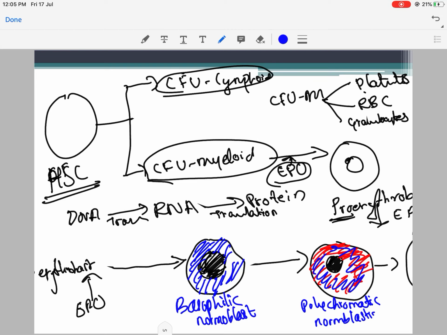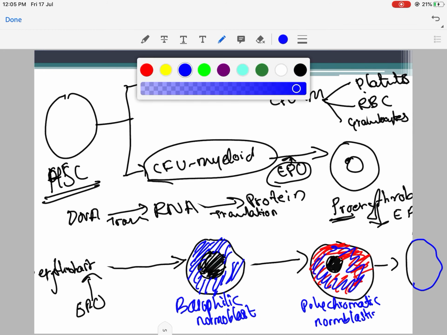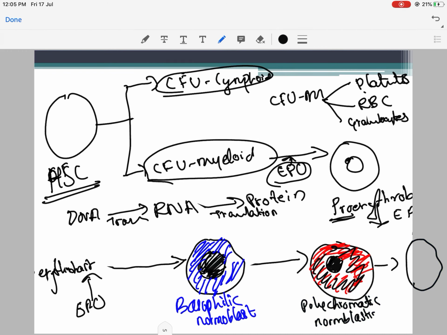And the last stage is where the nucleus becomes very small, becomes eccentric, and the cytoplasm is completely pink. So we'll draw this.